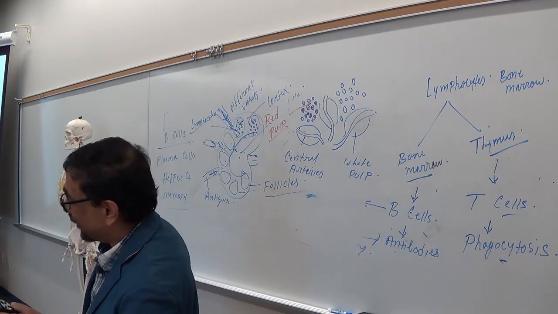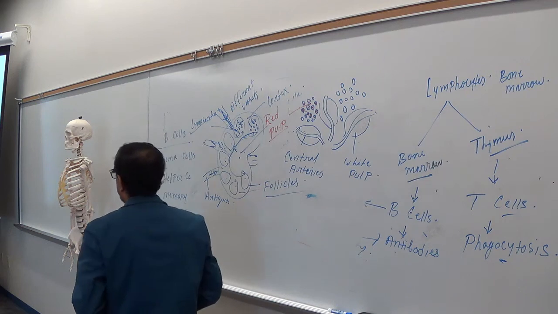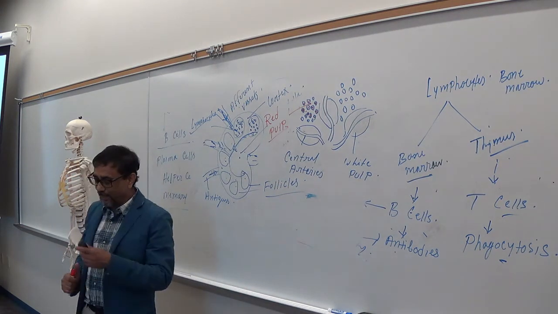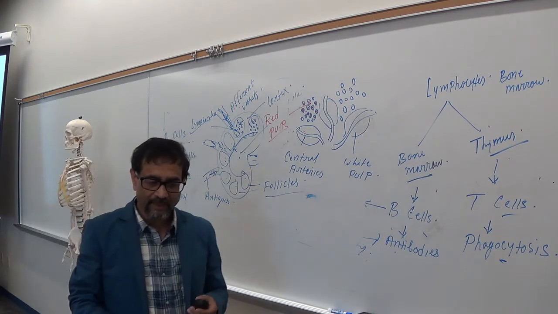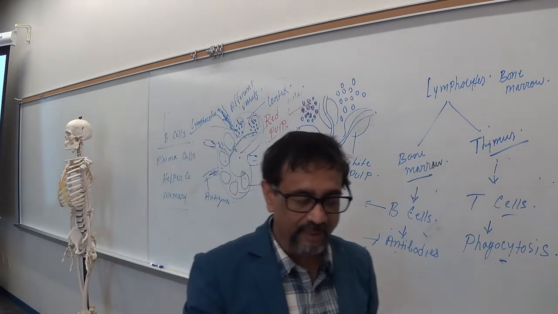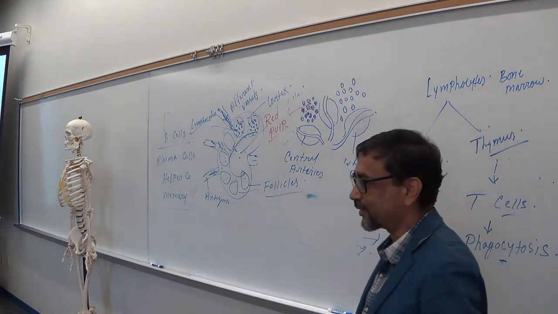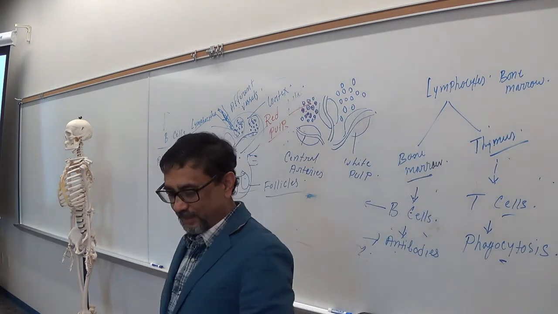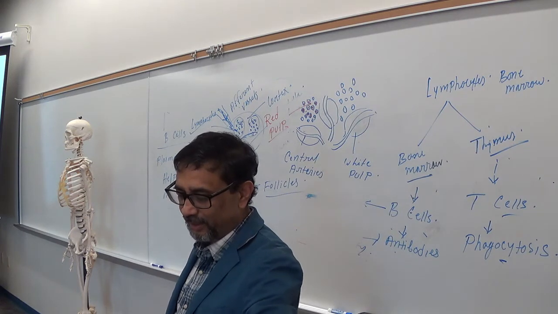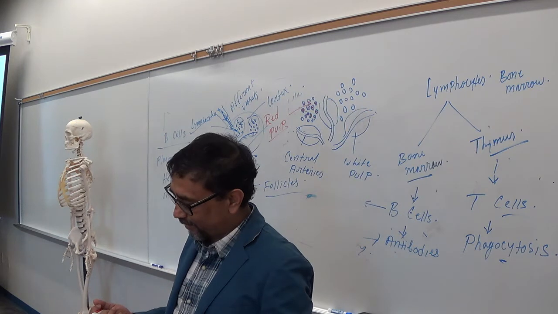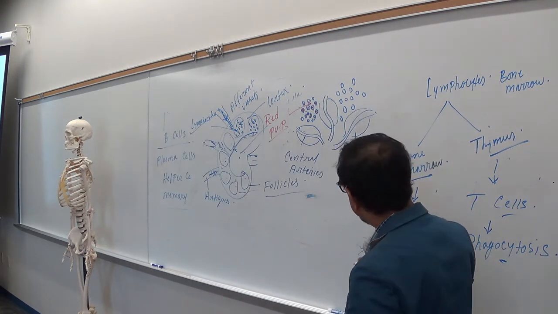And in the medulla, you have a structure that is called Hassel's corpuscles. Thymic corpuscles. Hassel's corpuscles, the function is not yet clearly understood, but we see in the medulla Hassel's corpuscles or thymic corpuscles.